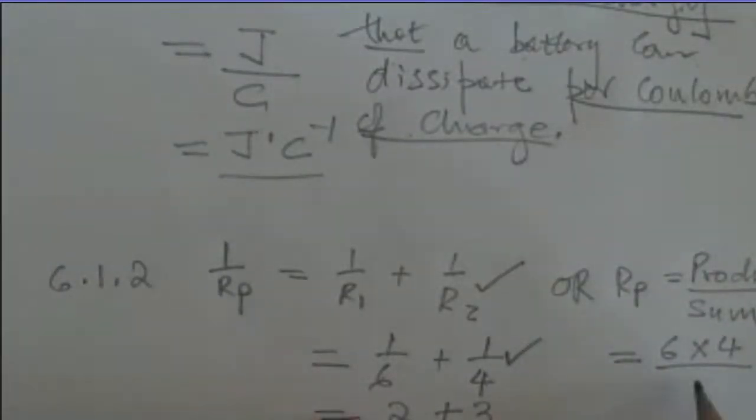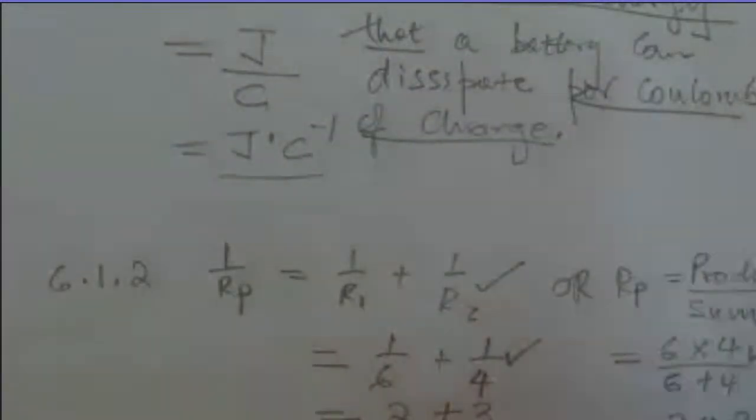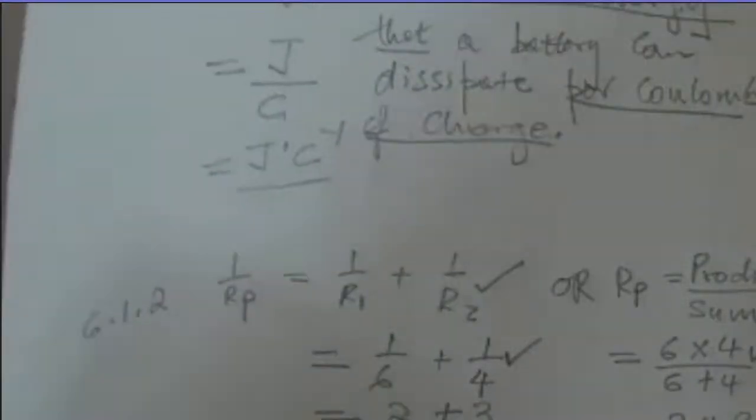Then the sum is the addition, it will be 6 plus 4. Then you take out the calculator. Ultimately, you're going to get the same answer, which is 2,4 ohm. It will be the mark for the final answer, the mark for the substitution, and also awarded the mark for the formula for that case. That is why I'm having 3 marks for this question.